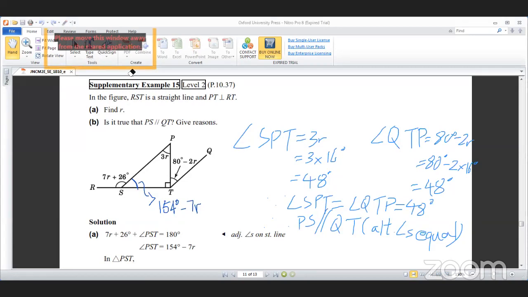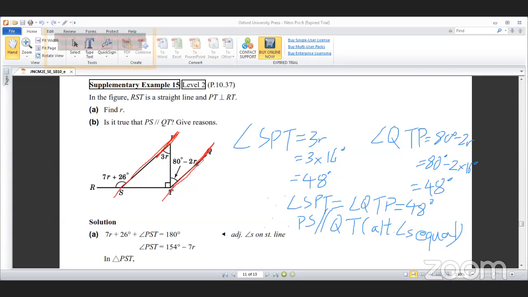Right, now here, if I don't look at this one, we need to check this line PS and this line QT.